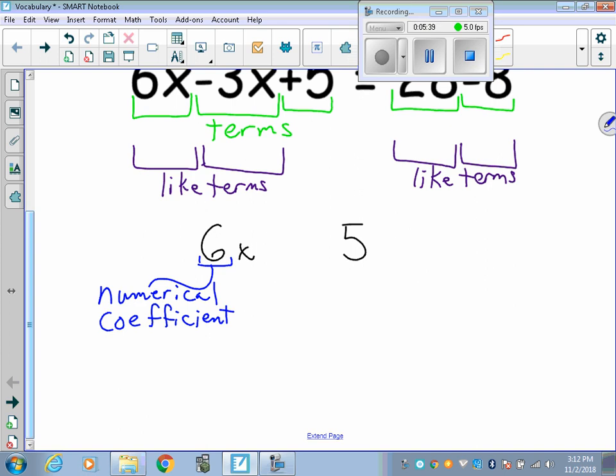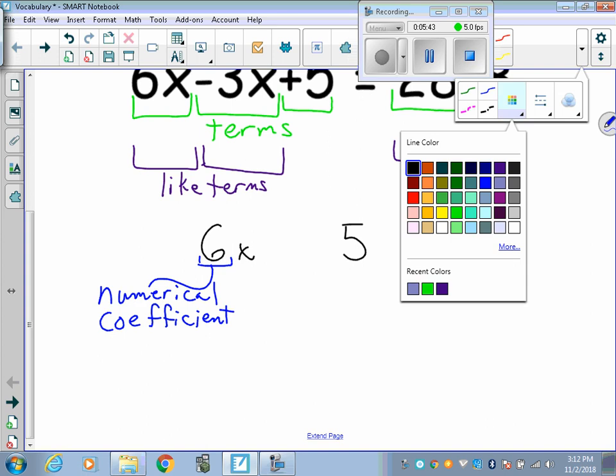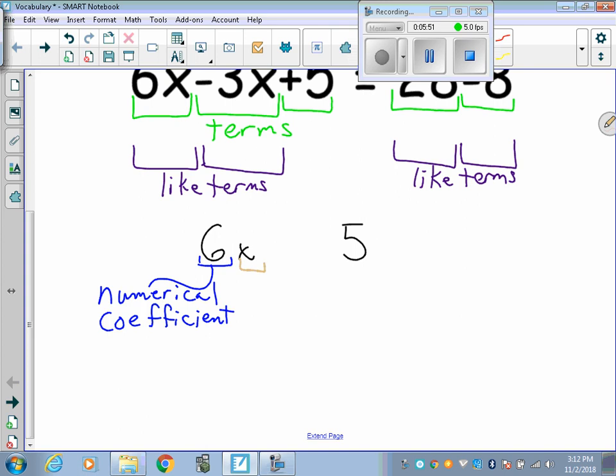Speaking of variable, let me switch to a nice brown color. This X here, very light color, but that's all right. That right there is called your variable.